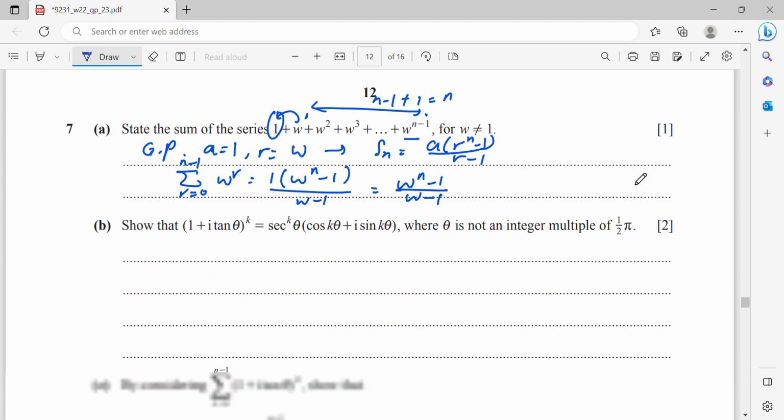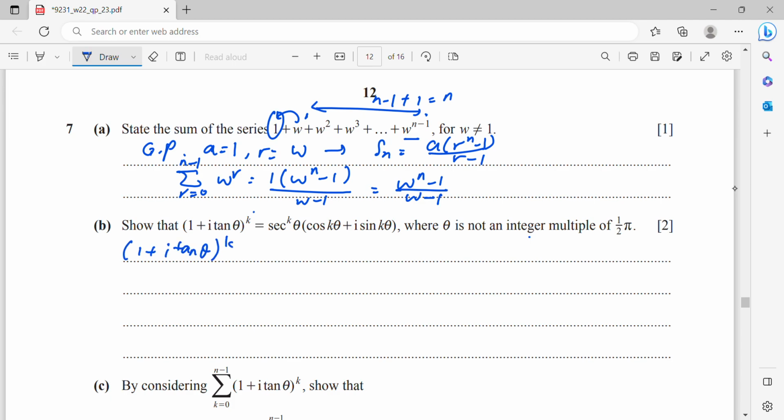Right. Now B. Show that (1 plus i tangent theta) to the power k is secant theta to the power k, bracket cos k theta plus i sin k theta, where theta is not an integer multiple of pi over 2. Okay, so now you start with the left-hand side.